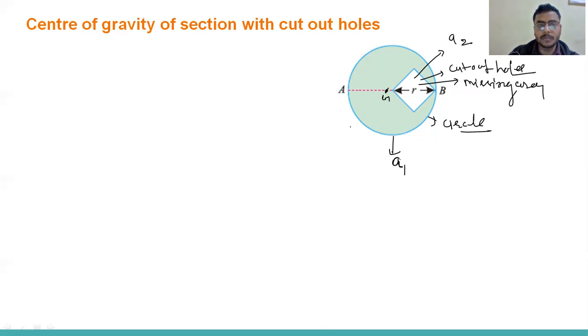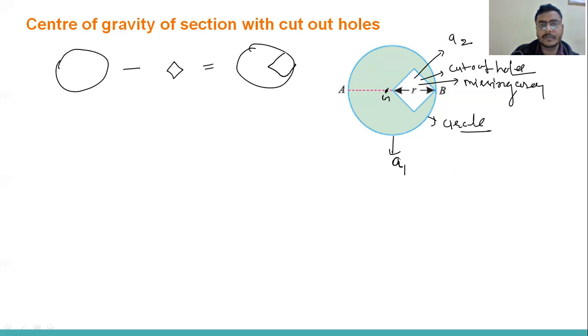So I will take the moments for the total, then deduct the moment of this portion, and finally we will get the result for the remaining portion. First I will consider the total circle, and then we will deduct this missing portion, that is A2. From this figure, the radius is given for the circle.